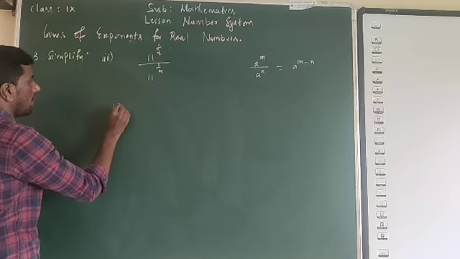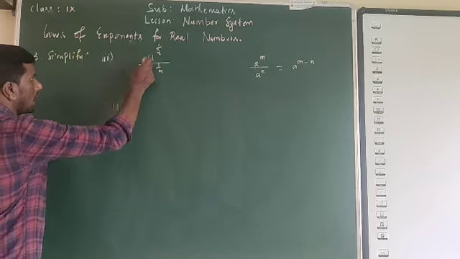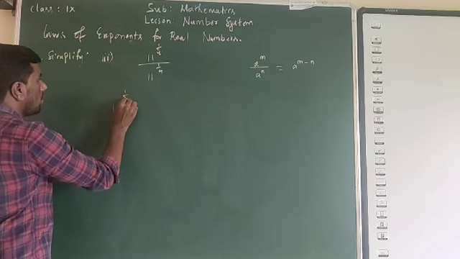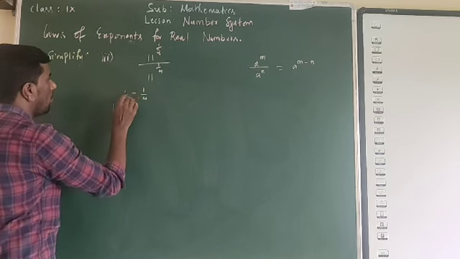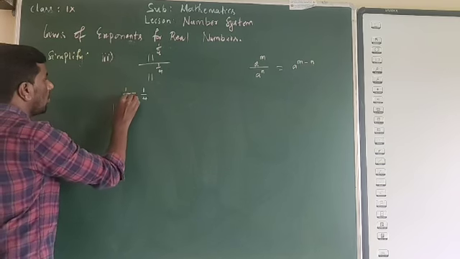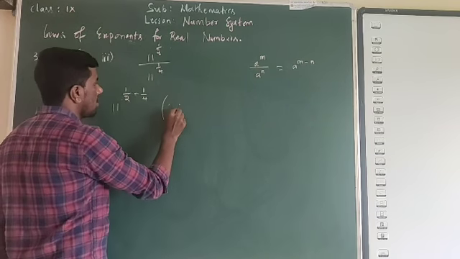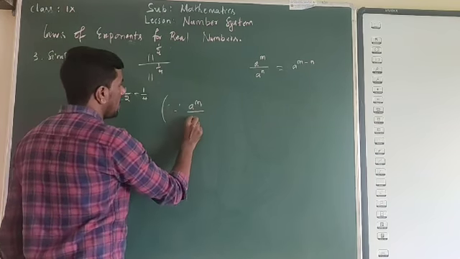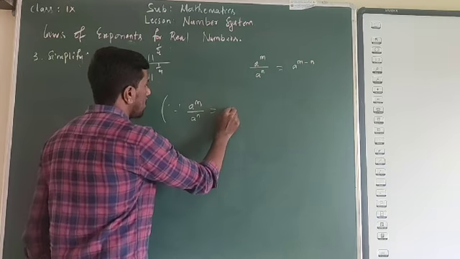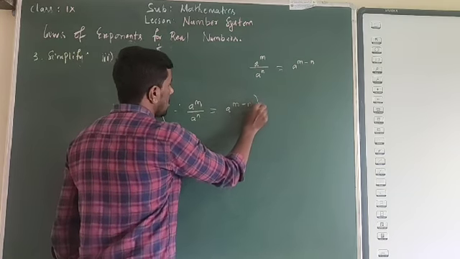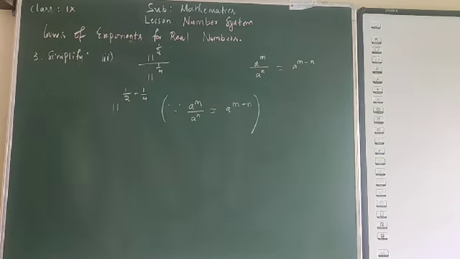So I can write 11 to the power of 1 by 2 minus 1 by 4. That is the reason: a to the power of m divided by a to the power of n is written as a to the power of m minus n. Okay?